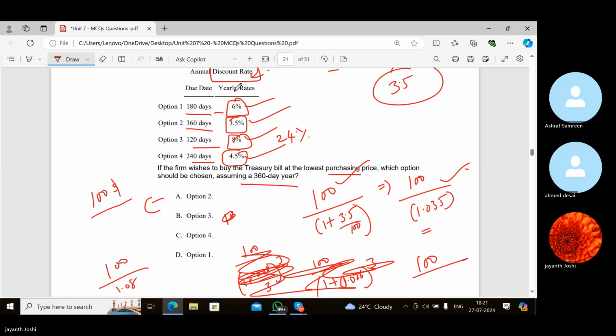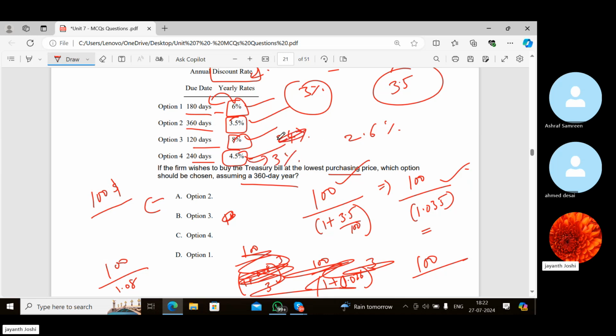If it is 6% per annum and 180 days is the final period we are considering, we need to halve this. We need to make this 3%. And 2.6%.